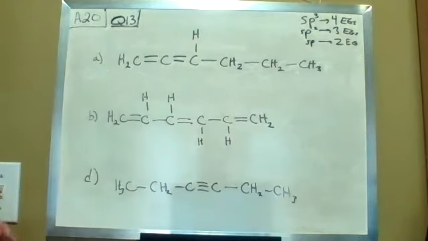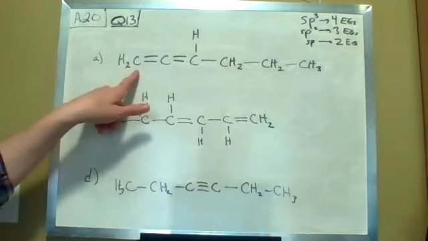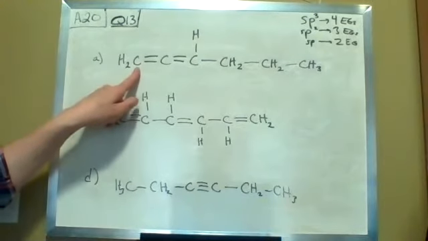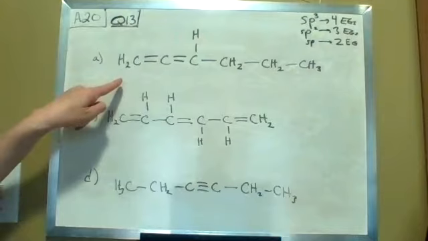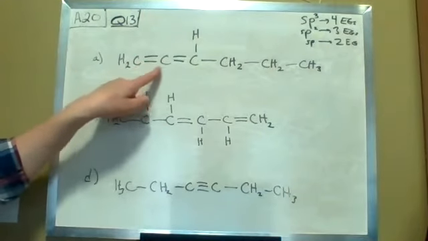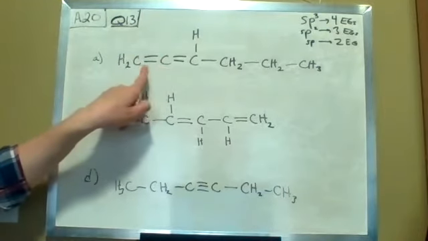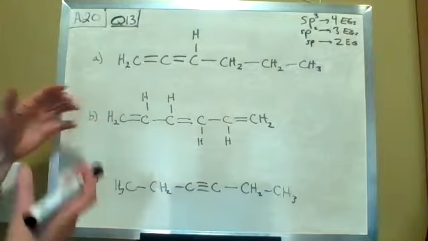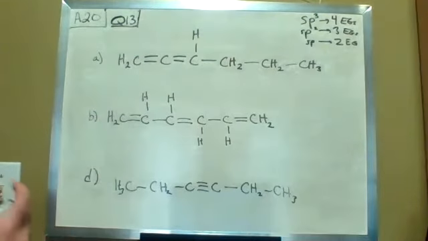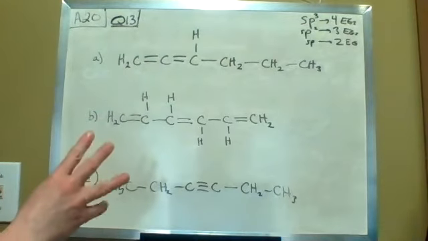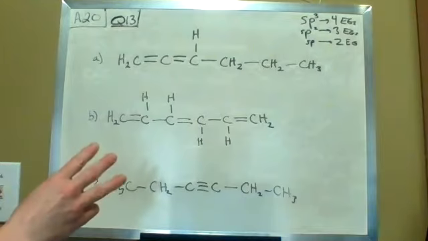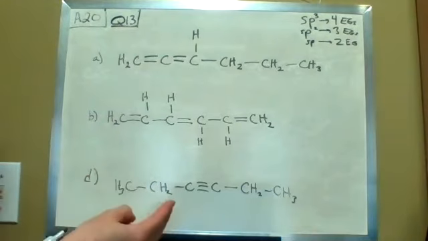So looking at this first one, let's start right here with this carbon. This carbon is bound to 3 things. It has 2 hydrogens sticking off, those are taking up space, and then it also has this double bond to this carbon. This counts as 1 electron group. So there are 3 areas of space needed around here. That means you're mixing 3 of its main valence orbitals together to get 3 hybrid orbitals.